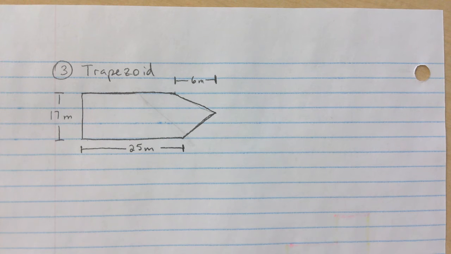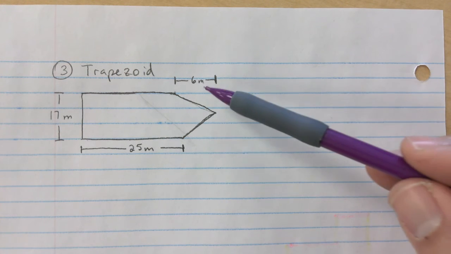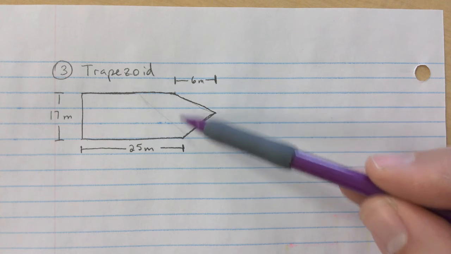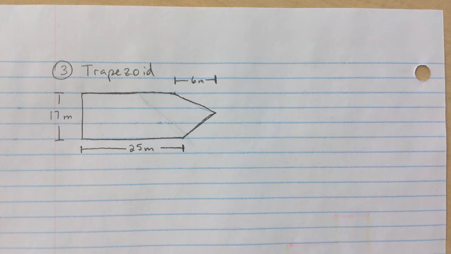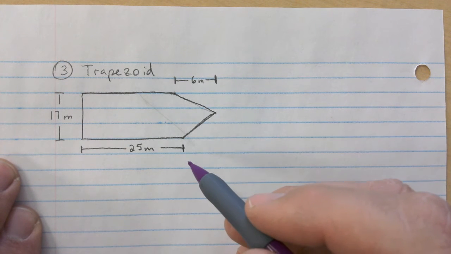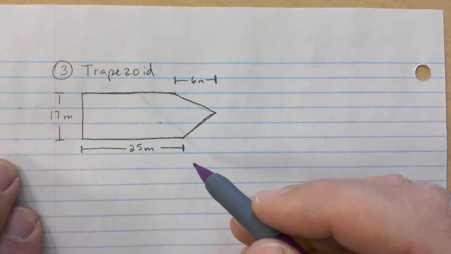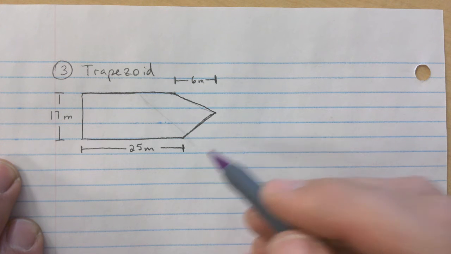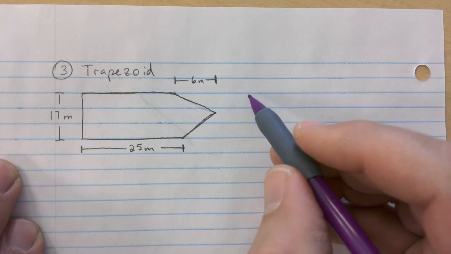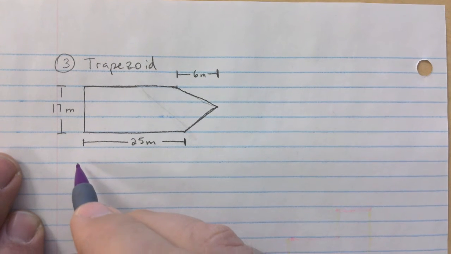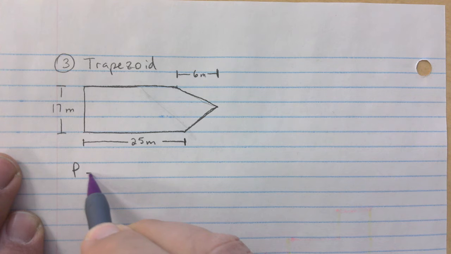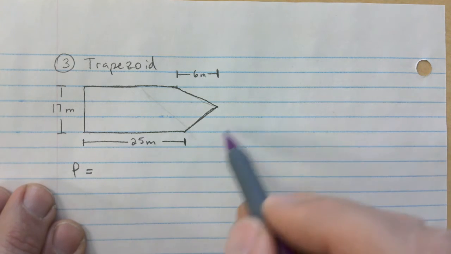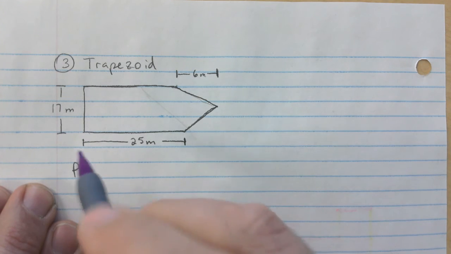And labeling can vary greatly. It could happen that the 6 meters is already inside, but there it is. So we'll start with the perimeter. The perimeter would be just the distance around, okay? So let's start here.